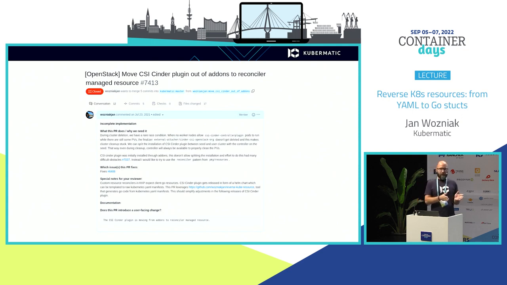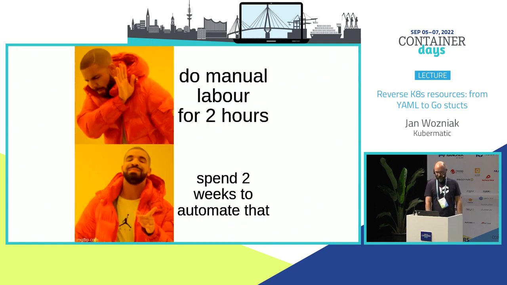You deploy part of your application, for example, in one cluster and part of it in another cluster, which is not the easiest thing to do with Helm. When you have an operator that is extending the Helm chart, you can do a whole lot of interesting stuff. In this particular case, this was about the OpenStack CSI Cinder plugin. You need to deploy the attach detach controller and all the low-level stuff on the nodes, so the daemon set, but the controller, the provisioner, can live anywhere. So in our case, we decided to put it in a seed cluster.